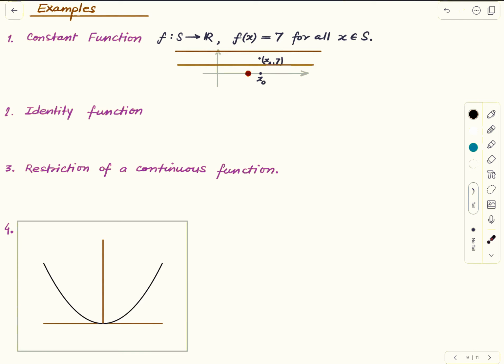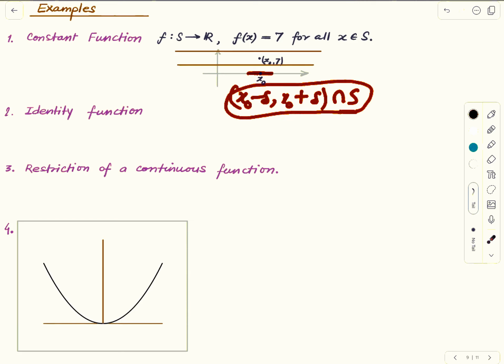Then what is the graph of f restricted to this delta neighborhood intersection S? This intersection S is coming only because the domain of the function is S. If it were all real numbers, we wouldn't need to write it. And for the sake of understanding, it is better to take S as all real numbers. So what is the graph of the function restricted to this?